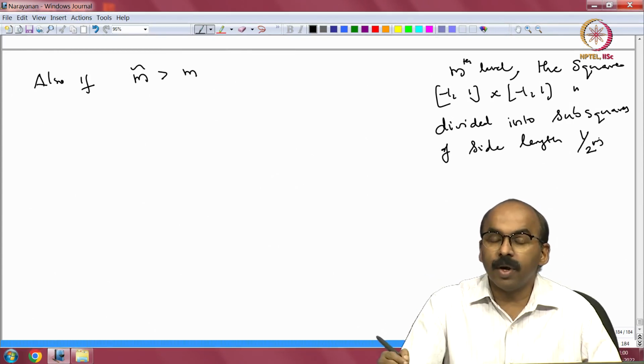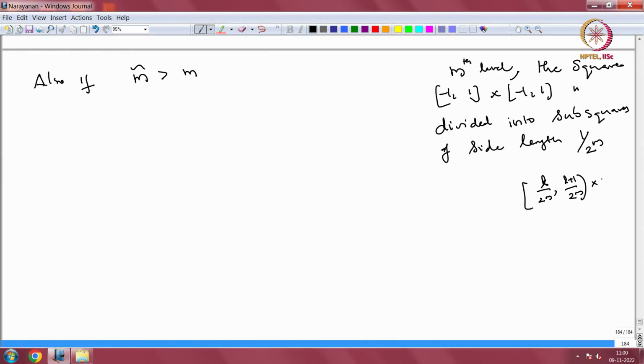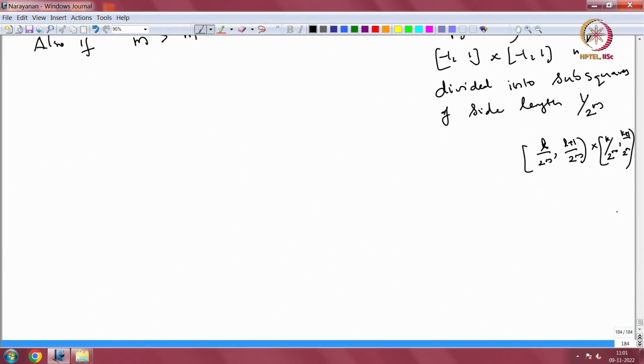So a typical square is L by 2 to the m, L plus 1 by 2 to the m, cross k by 2 to the m, k plus 1 by 2 to the m. That is how a typical square would look.